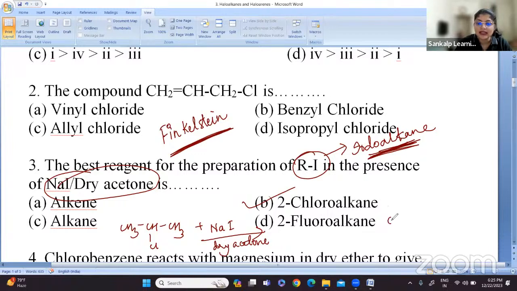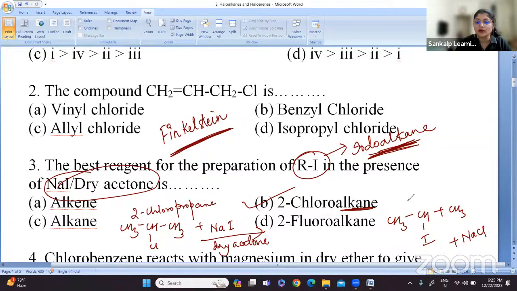You will get CH3CHICH3 plus NaCl. So this is the reaction. I have taken 2-chloropropane, they have mentioned it as alkane. So I got what? 2-iodopropane. Is it clear? Fine. Moving further.